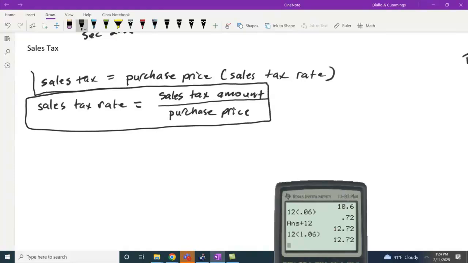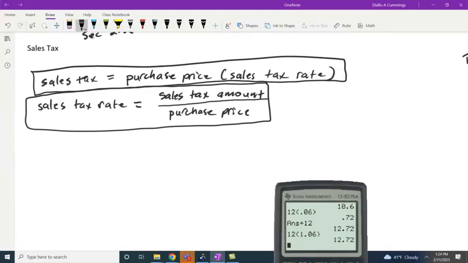We're going to look at some problems that deal with these formulas. And the last formula is to find the total price. To find the total price, you would simply take the purchase price plus the sales tax amount.